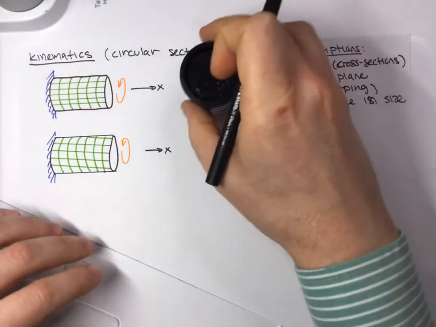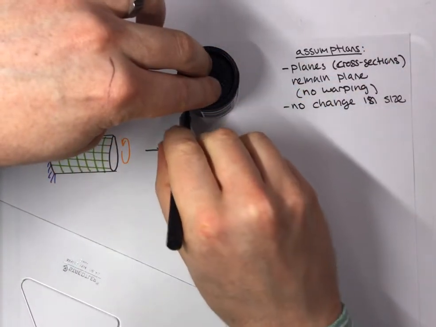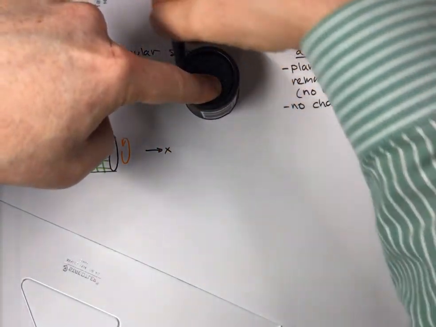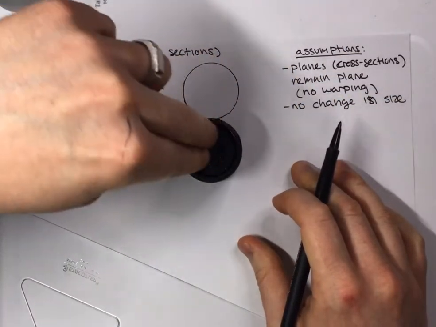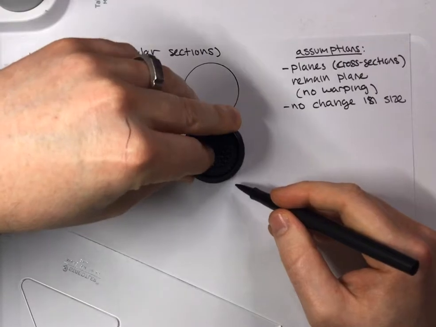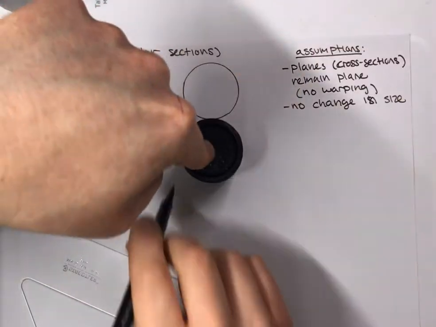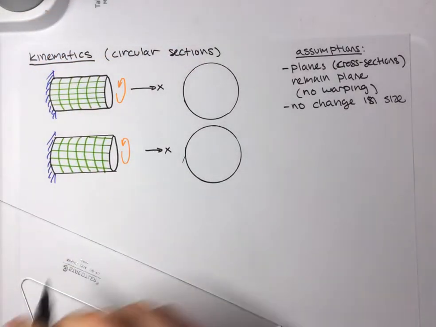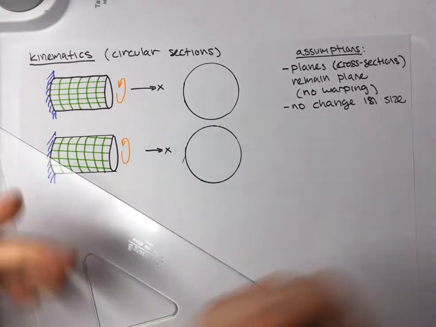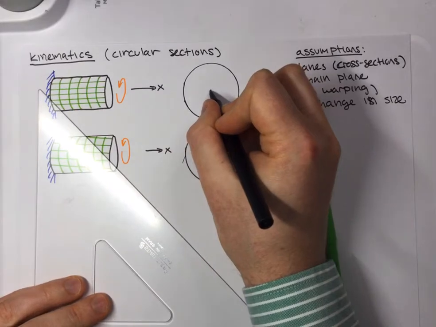If we were to look at the end in cross-section, I'll draw a couple of circles here. My best here. And we were to draw a line from the center, we'll draw that as a point here.